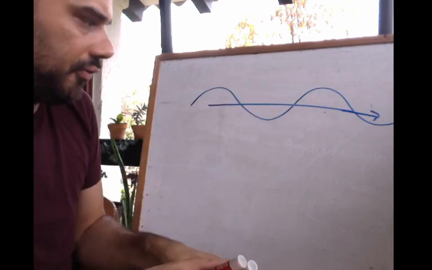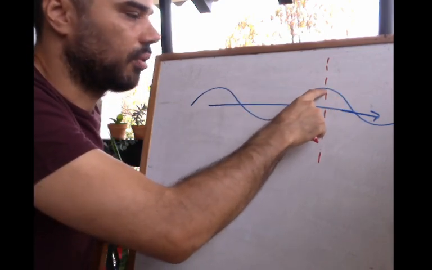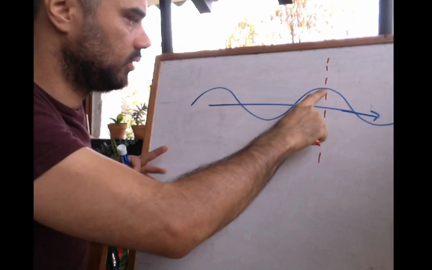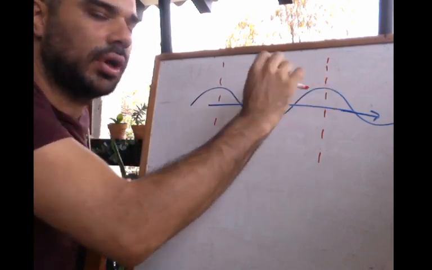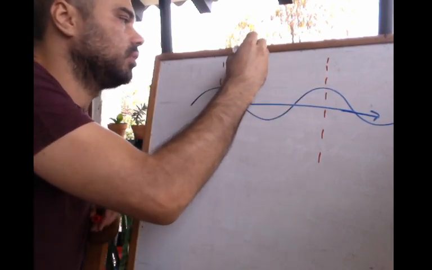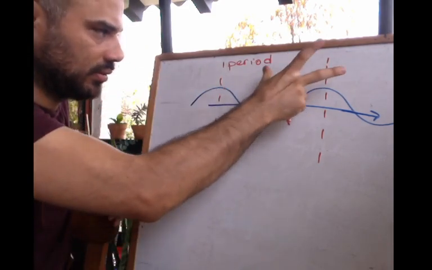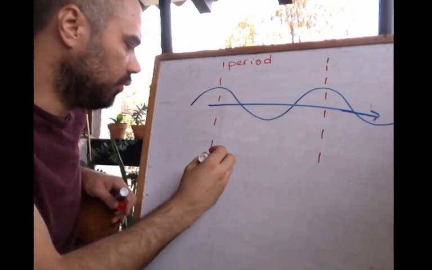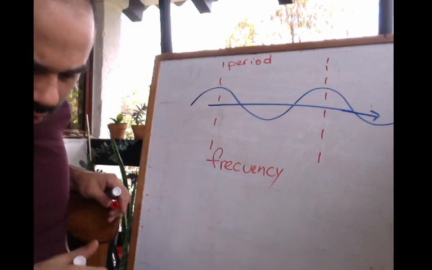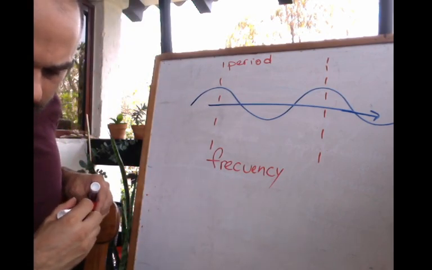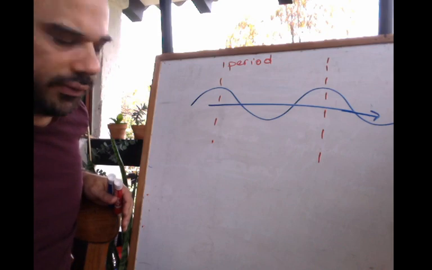So if we were to measure from this point, which is from one crest, so this crest is going to move to the next. So this passing from one crest to another crest is called a period. And the speed that it takes for one period to move is called frequency. But we're not going to discuss frequency right now. Well, actually, this is all just to know the parts of a wave.